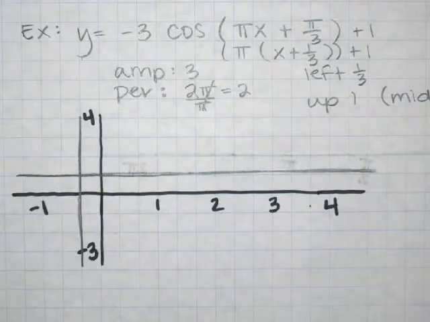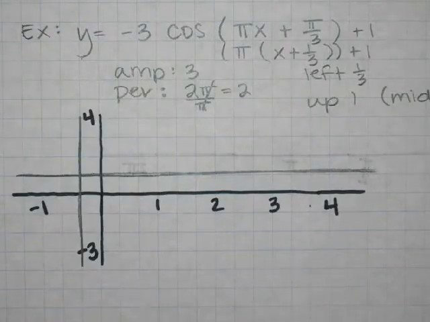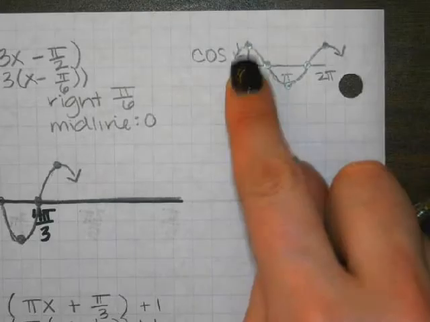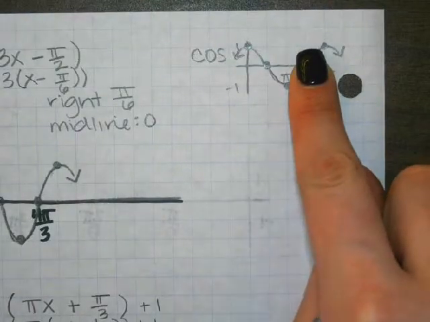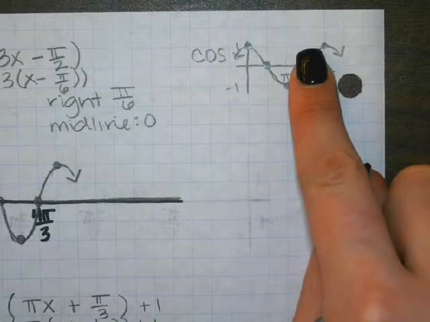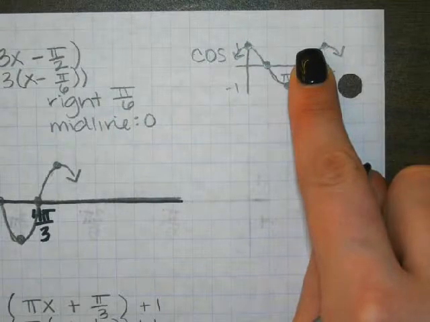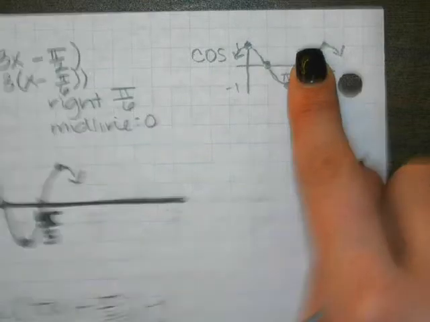Okay. So we're picturing a cosine graph. A cosine graph normally starts up at 1 and ends up at 1. We have an amplitude of 3, and our graph is upside down. So what are we going to do? We're going to start at -3, and we're going to end at -3, okay?